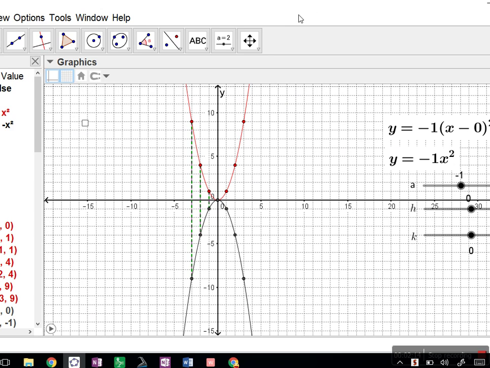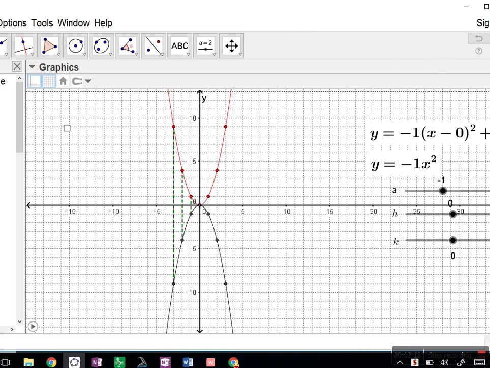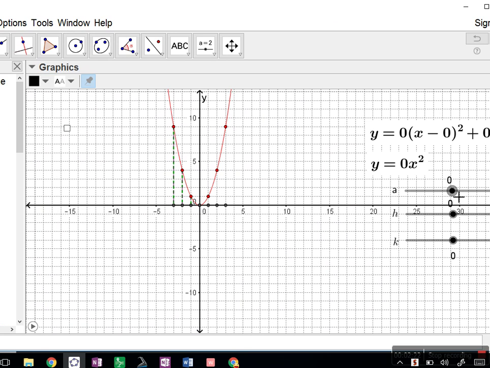This is the one that I was talking about. Let's put that back at 1. Okay, so there we go. That's the base parabola, y equals x squared. It has an a value of 1, an h value of 0, and a k value of 0. It's got no shifts and no stretch or compression.